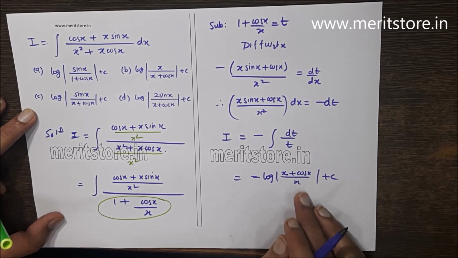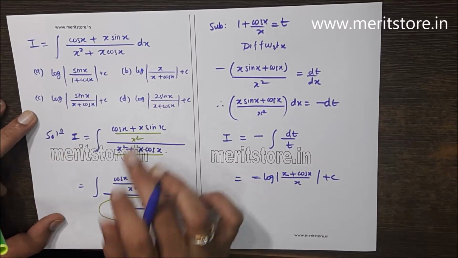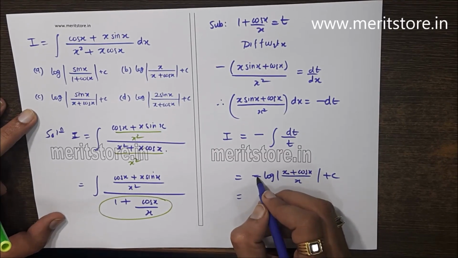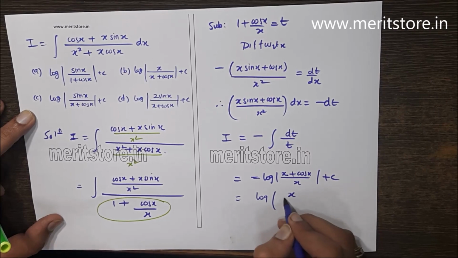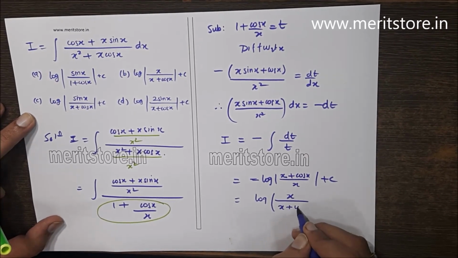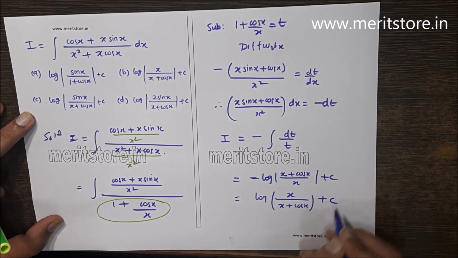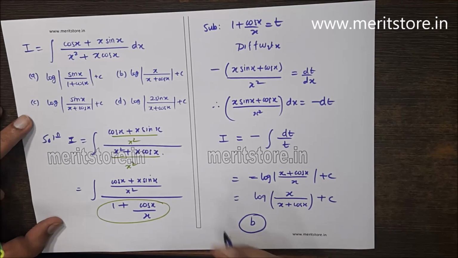We see that there is no option which matches the term, and there are no options with a negative sign. We apply the laws of logarithm and write the same term as log mod x upon x plus cos x plus c, which now matches our option B.